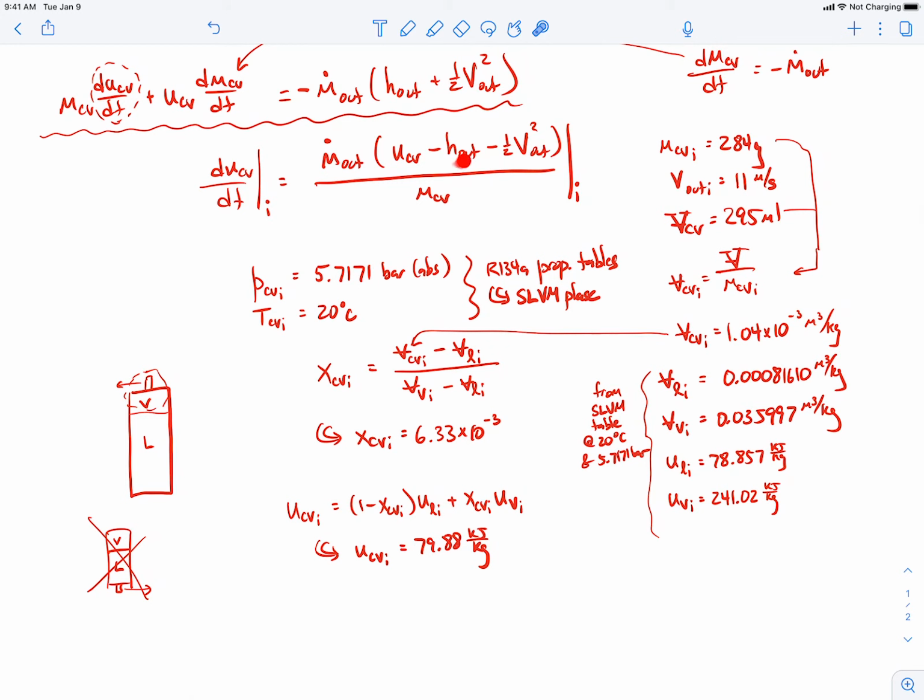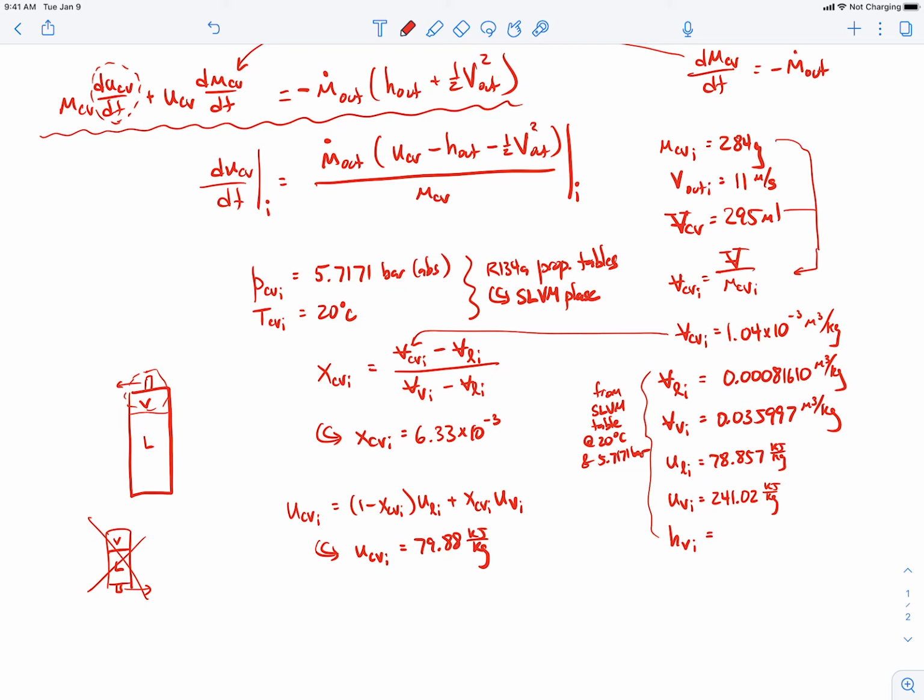As far as finding the specific enthalpy coming out, when we refer to this picture, you'll see that the specific enthalpy coming out should actually be the specific enthalpy of the saturated vapor. So we can look that up in the table. It's the specific enthalpy of the saturated vapor at that temperature and pressure.